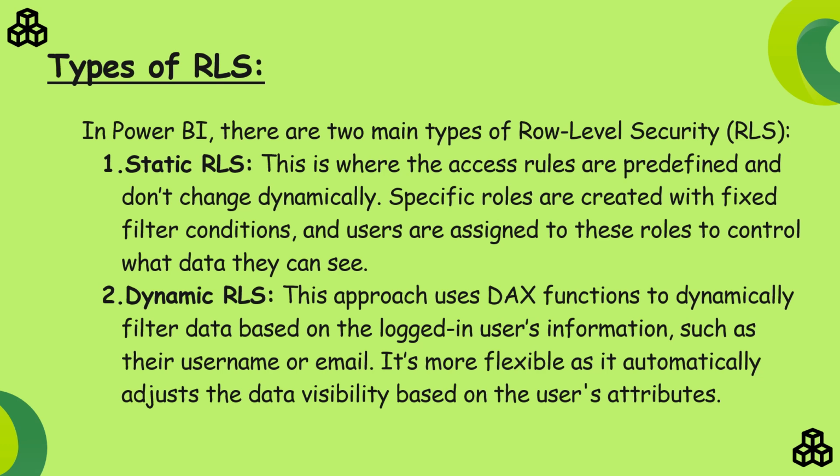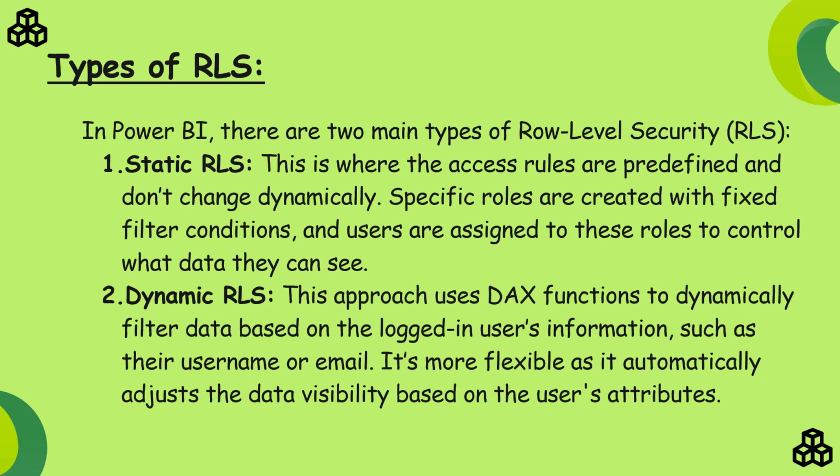This is where the access rules are predefined and don't change dynamically. Specific roles are created with fixed filter conditions, and users are assigned to these roles to control what data they can see. So this means that we are defining the filter conditions.